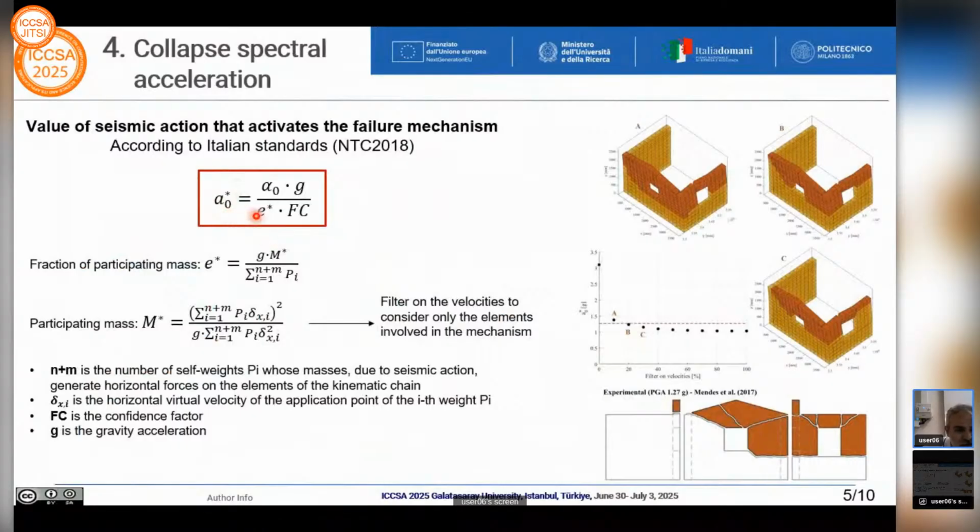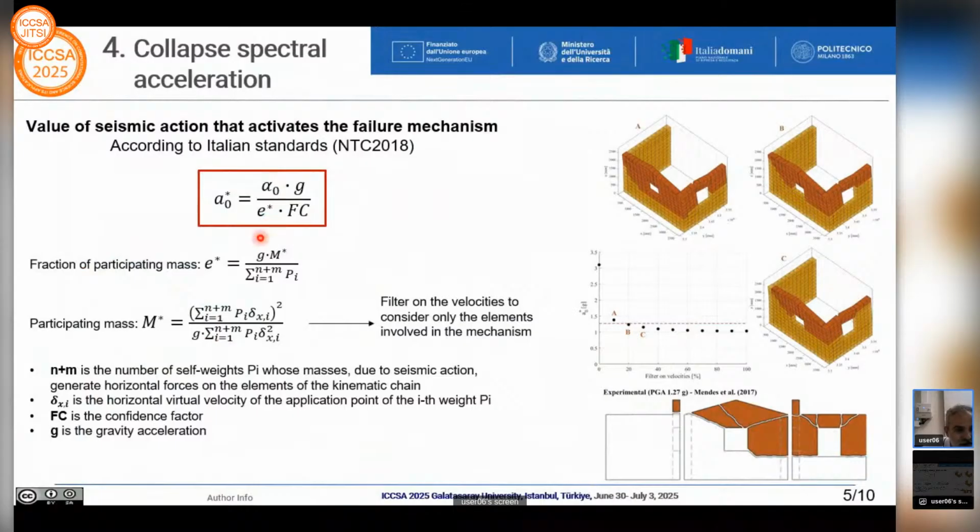A0 star is equal to the ratio between the collapse multiplier, that is called in the Italian code alpha 0, multiplied by the gravity acceleration and divided by a confidence factor, which is a number, and again by another parameter that is called E star.